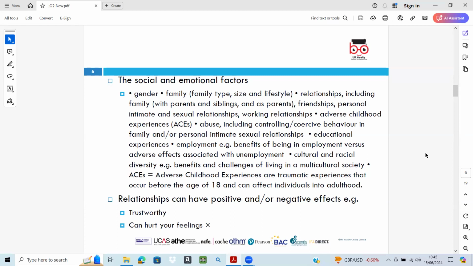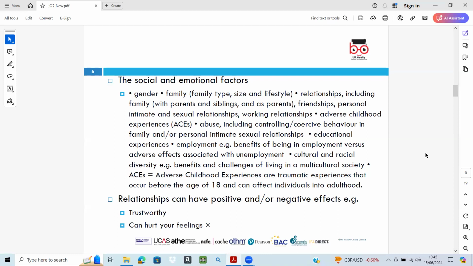Then we have opportunities and barriers. Access to education and career may differ by gender, impacting growth and development. Then we have family. Family dynamics, including family type, size, and lifestyle, impact the development.